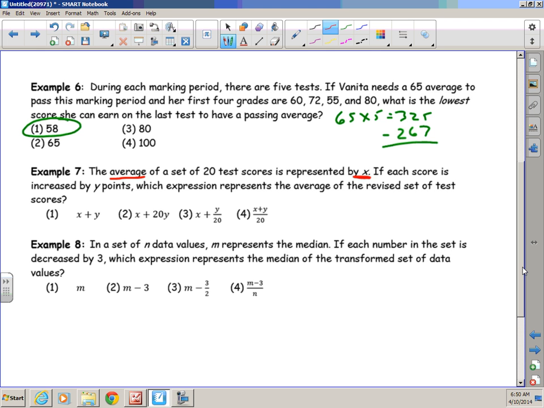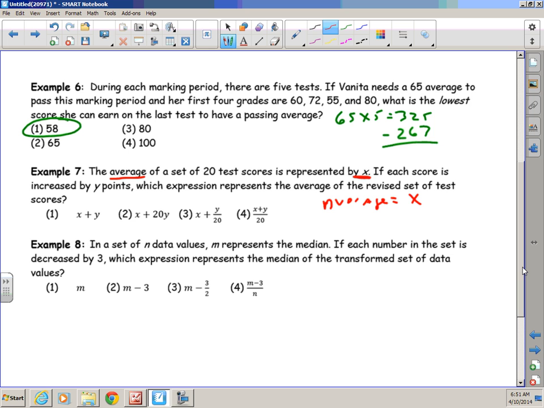So it's a better test of how you're grasping the material. So my average is x, okay? That's the key. And each score goes up by y.